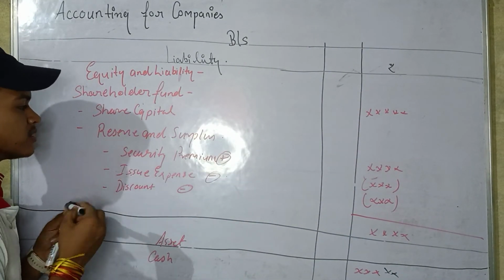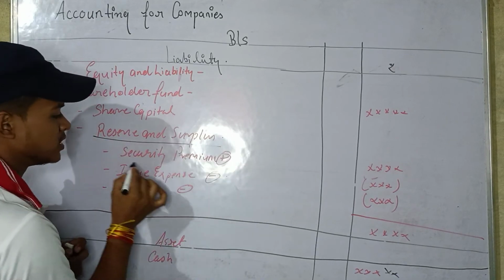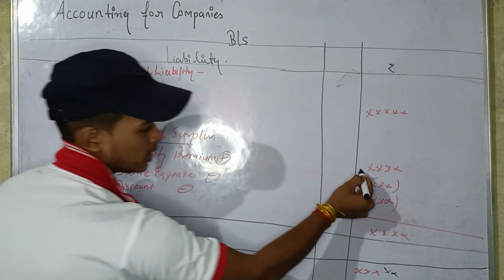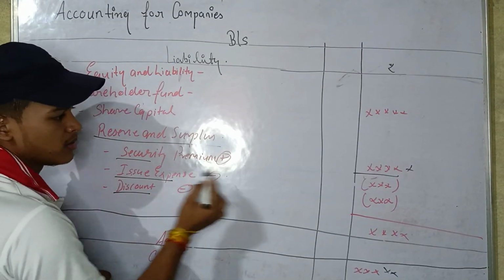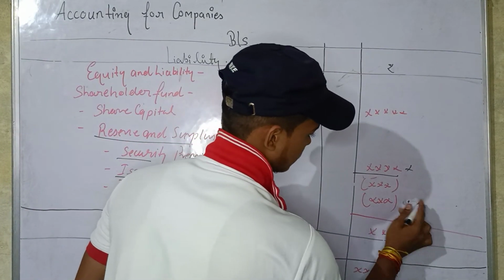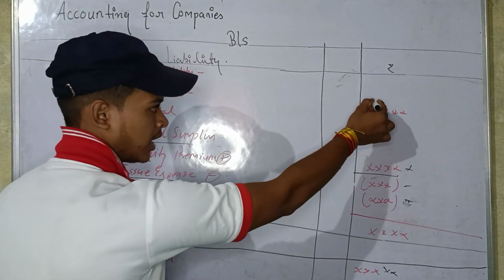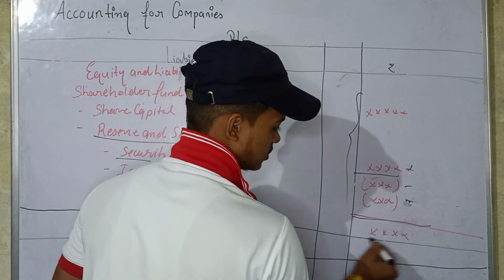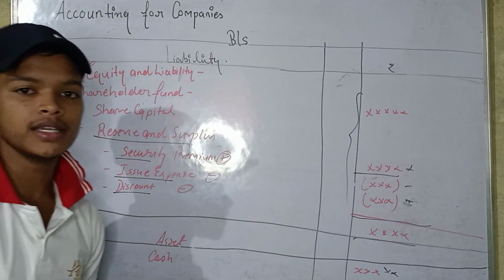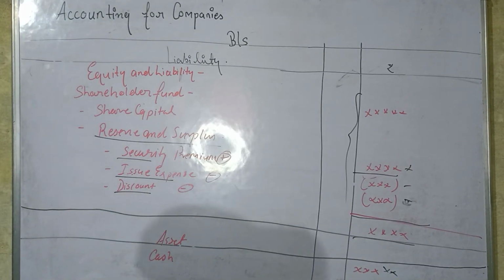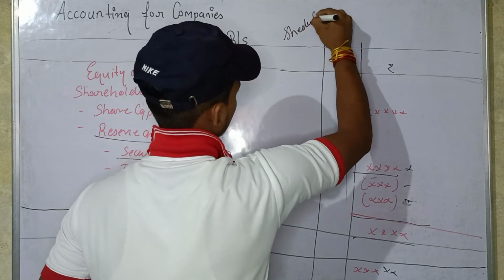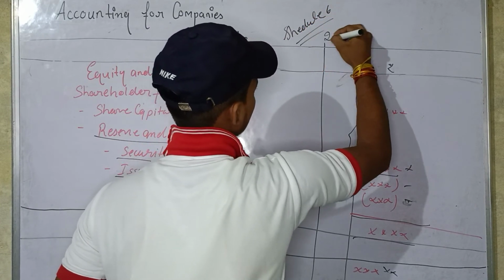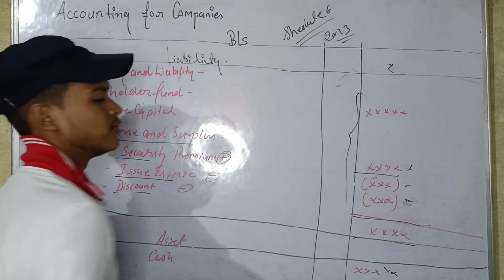In reserve and surplus, what is the reserve and surplus? Securities premium, you will show by adding. Whereas issue expense, discount minus profit. And the whole amount shown here is the total of the liabilities side. Okay, this is the new balance sheet, schedule 6, regarding schedule 6 2013, new balance sheet format.